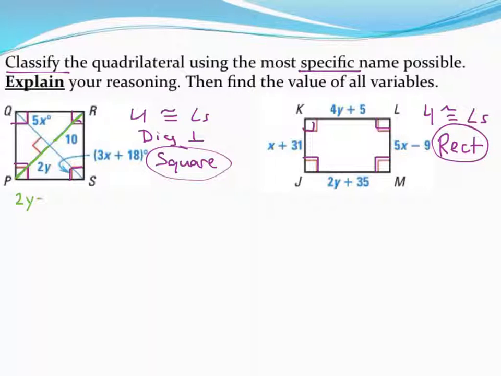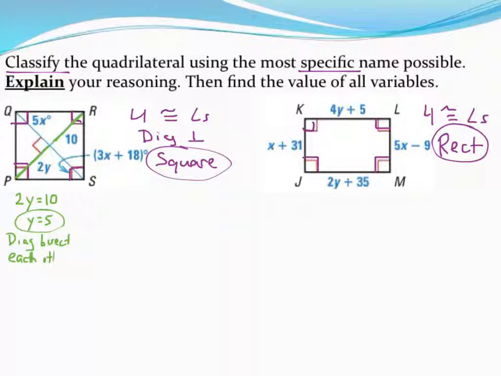So each half of the diagonal has to be equal to the other half. So 2y has to equal 10, meaning y has to equal 5, because diagonals bisect each other. You may want to make a note of the property that you used. So diagonals bisect each other, which we just used here, and diagonals bisect the angles, which we'll use in a second.